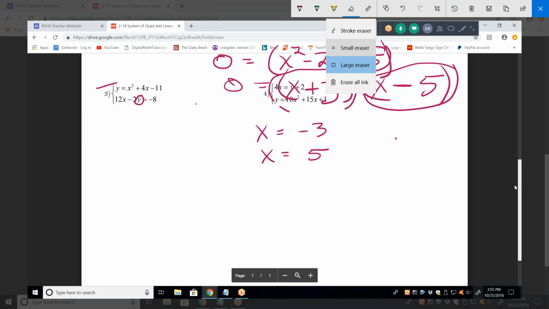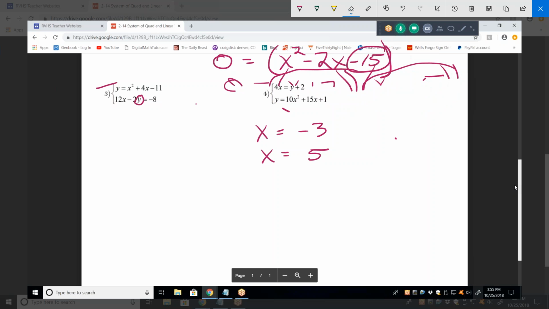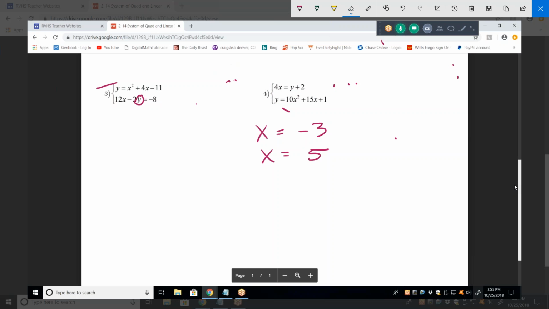The whole question said, what are x and y? So, how do we figure out what y is when x is negative 3? We substitute it in for x.